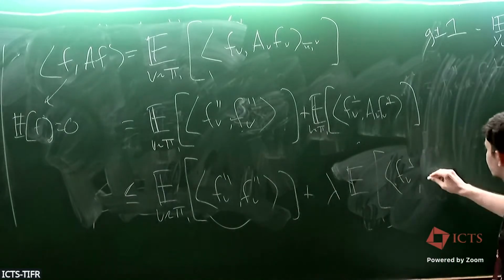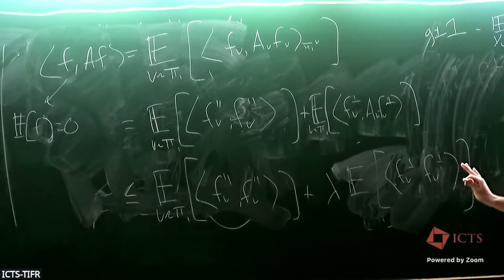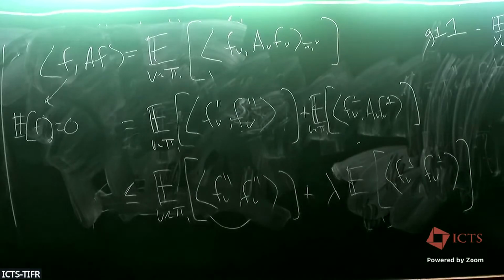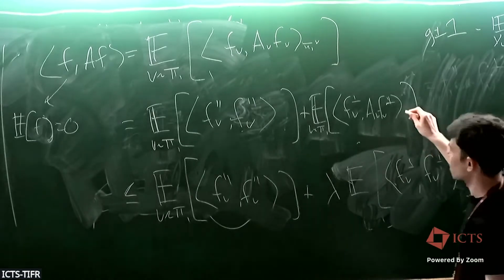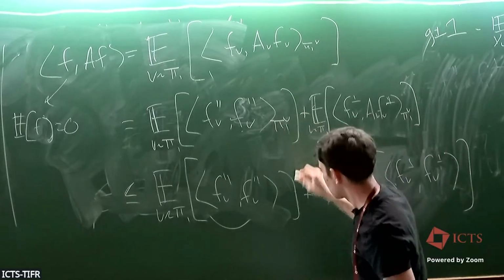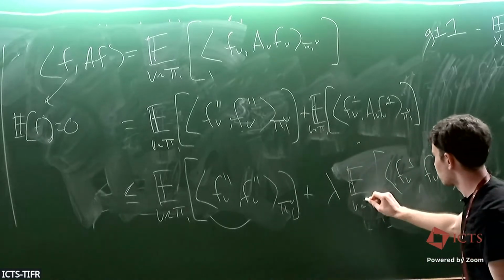Sorry, no AV anymore. I've just applied expansion. These inner products are always over pi V 1. So these are all the local inner products.